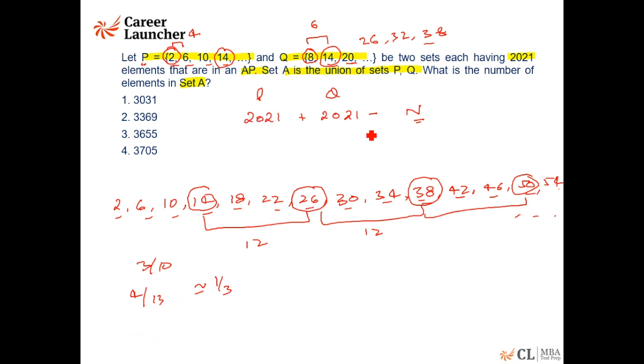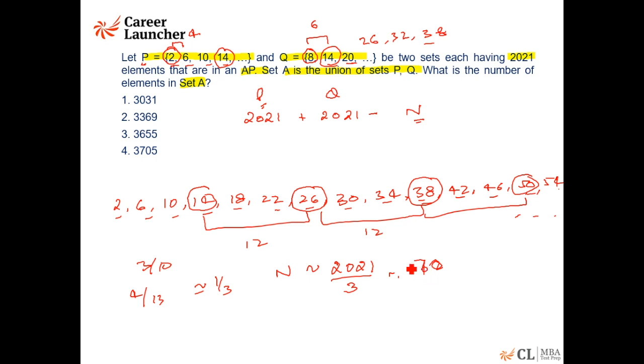So what will be N? N is going to be approximately 1/3 of 2021, which is the number of terms in P, not based on Q. I am doing it on the basis of P because P will stop earlier. So how much is this going to be? Approximately 650, 660. 660 into 3 is 1980, so 660, 670, whatever you want to call.